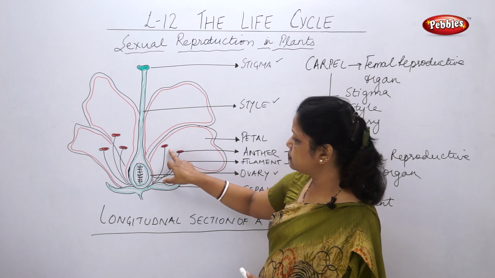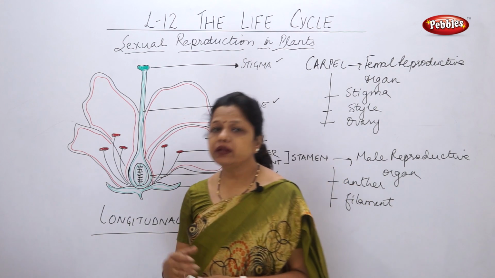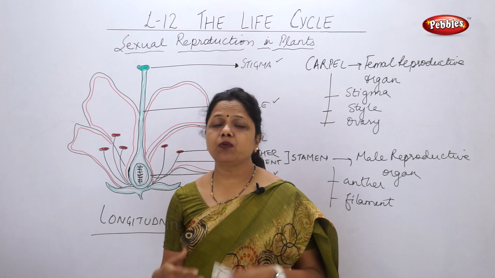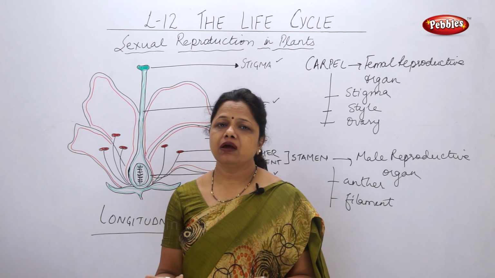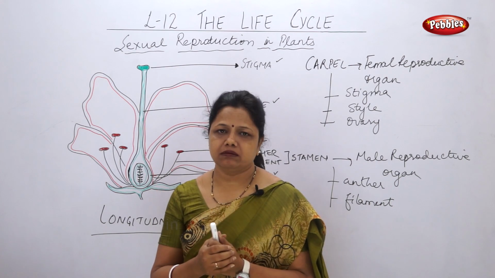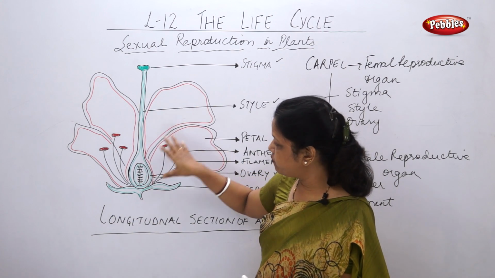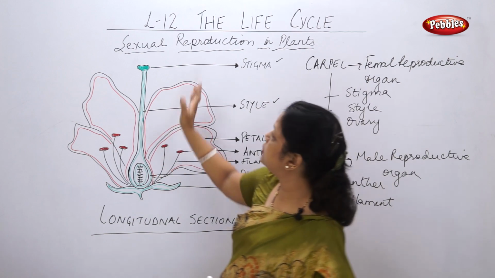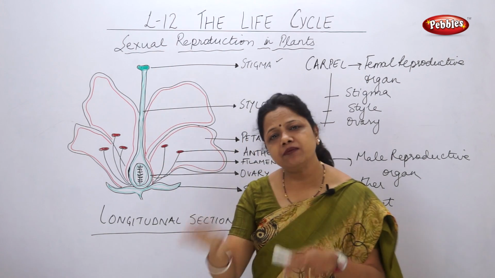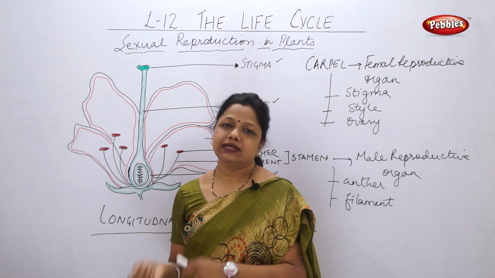Now this anther is somehow getting pollinated. Now what is pollination? I told you. What is the name of the pollination when it involves the same flower? That means if I talk of one flower and I say this anther, or this pollen grain, is falling on the same stigma of the same flower, then it will be called self-pollination.